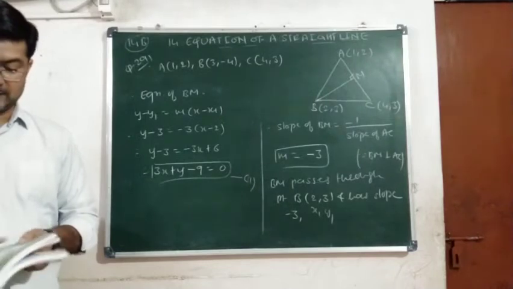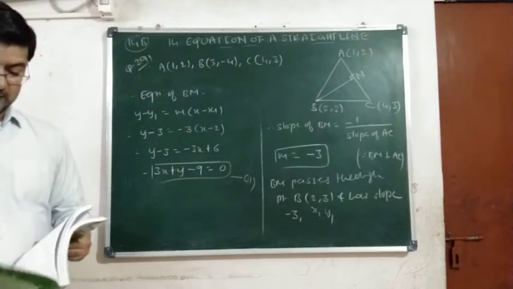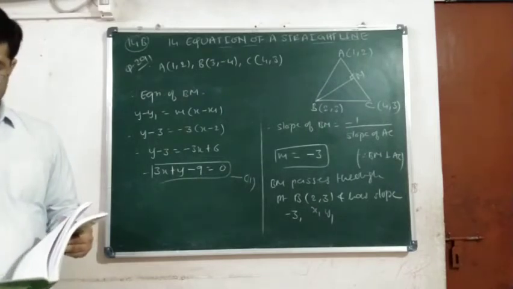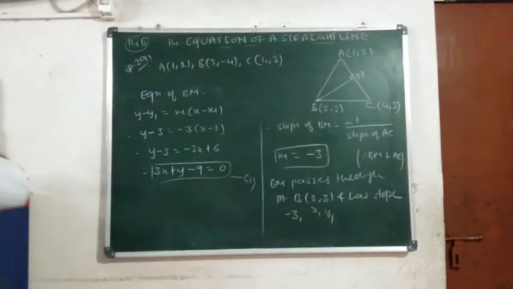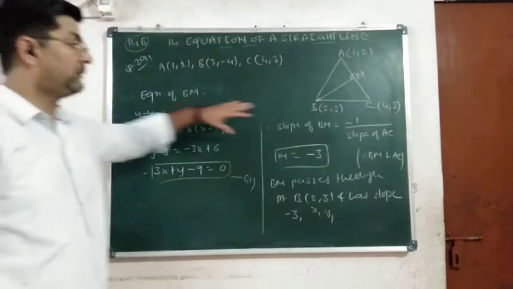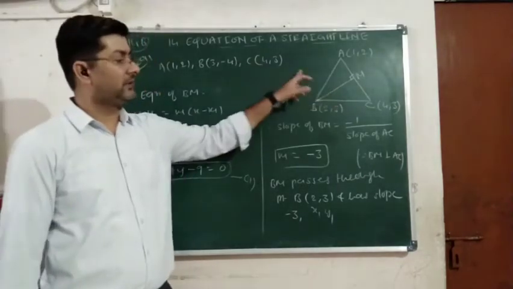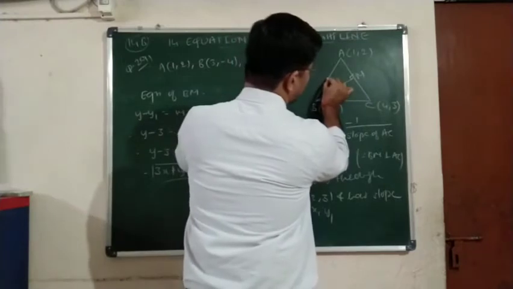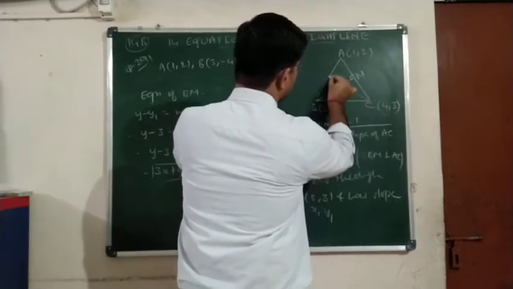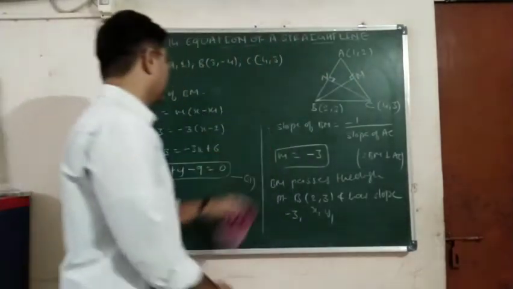Now we have to find the equation of altitude through C. This is question number 29. 3x plus y is equal to 9. Okay. Now, as you have found the equation of altitude through B, similarly we can find out the equation of altitude through C. So let us draw perpendicular through point C on AB, say CN. Okay.